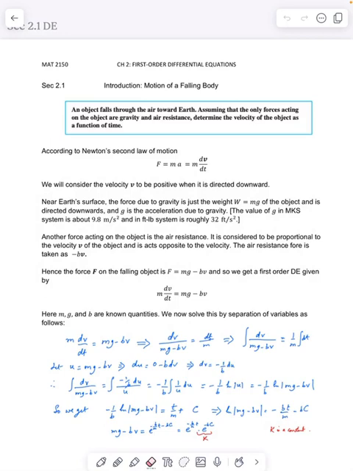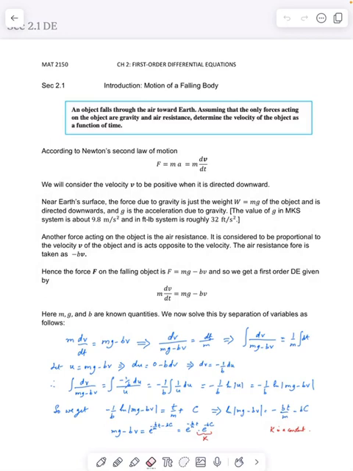At this moment we can assume that the resistance is just proportional to the velocity, and so the force due to resistance is minus b times v, where b is a constant. Why is there a minus sign?